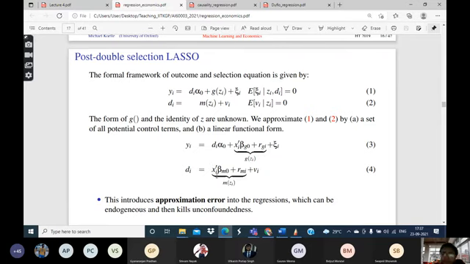Even this is not going to be enough if these xi prime, the factors here, are themselves further related to each other. In that case, we may actually need a triple lasso or a quadruple lasso and so on.